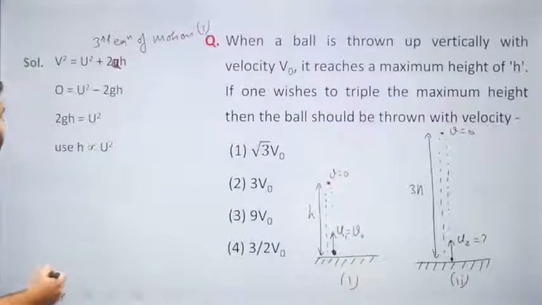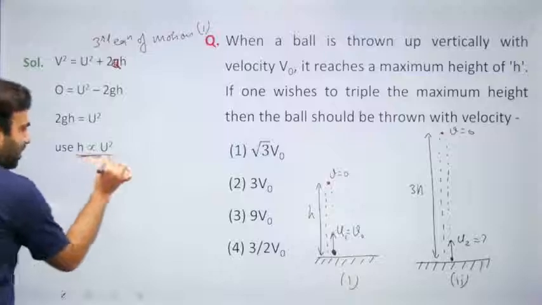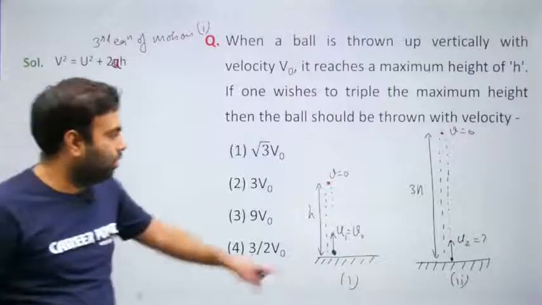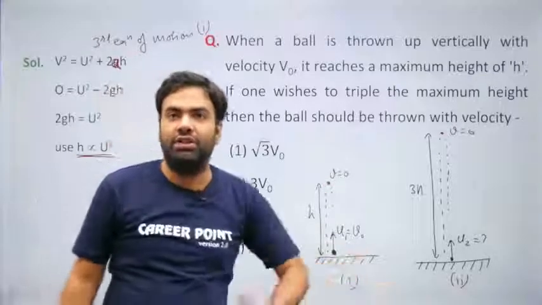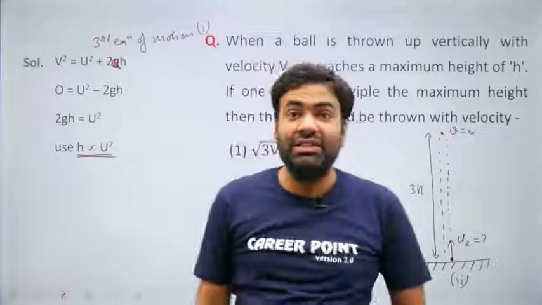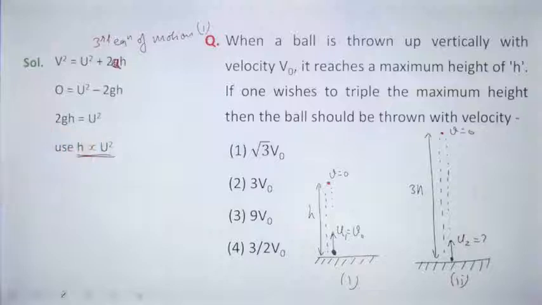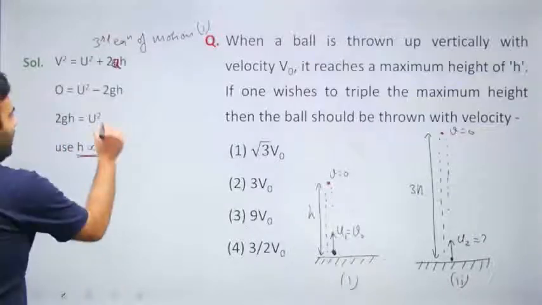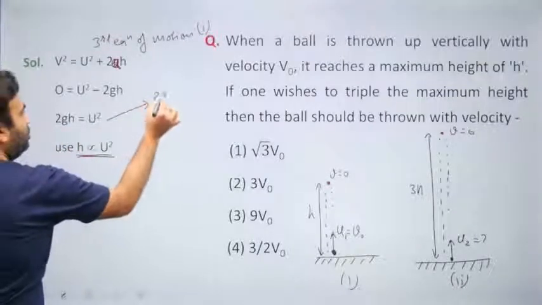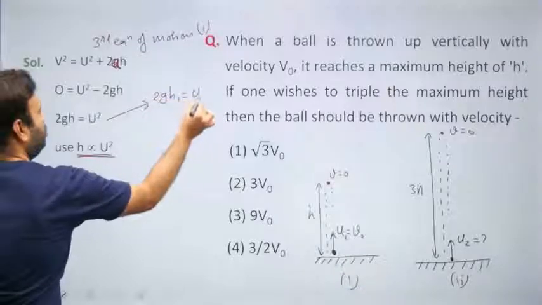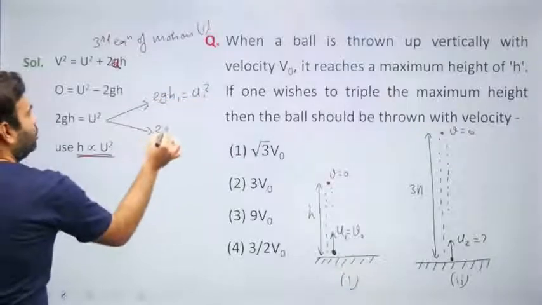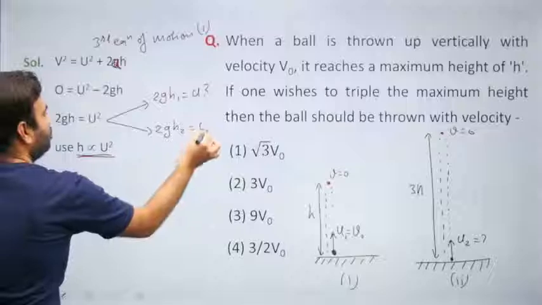Again we got that height is directly proportional to the square of the initial velocity. That means I can say that 2gh1 is equal to u1 square and 2gh2 is equal to u2 square.